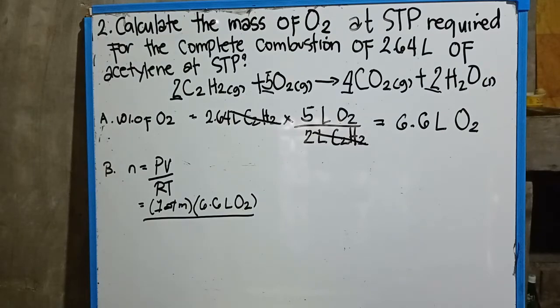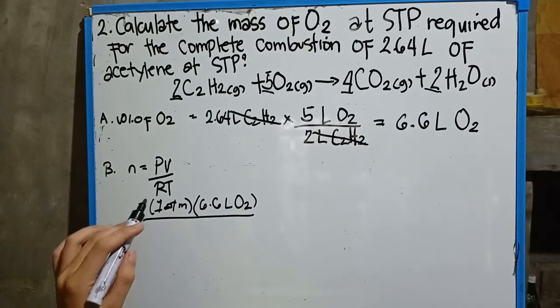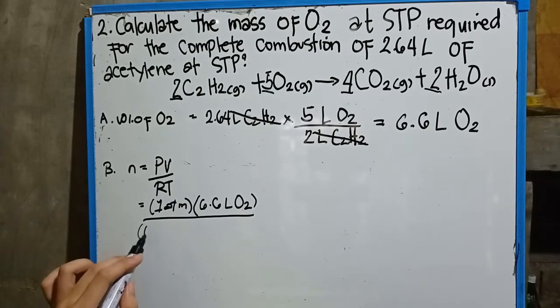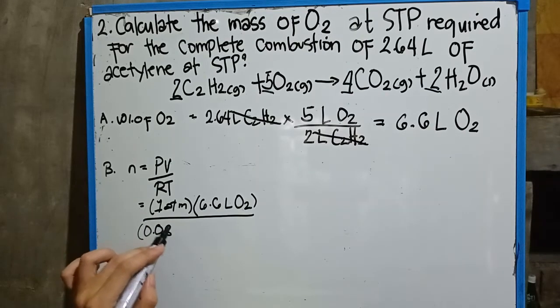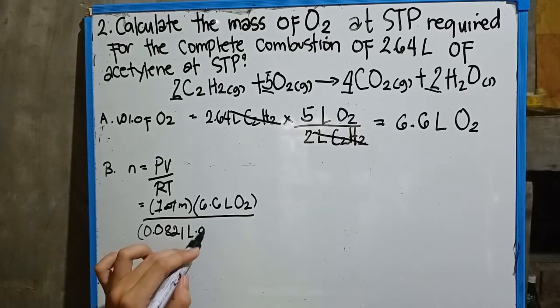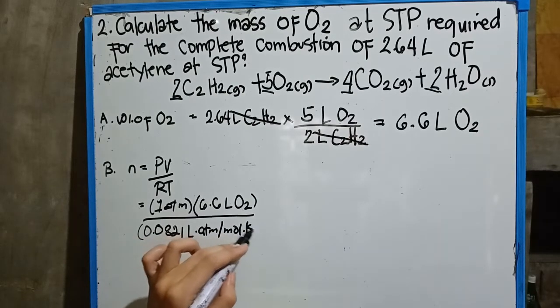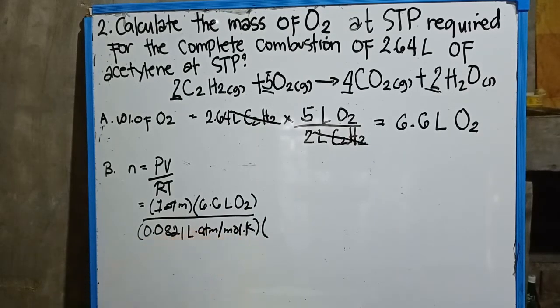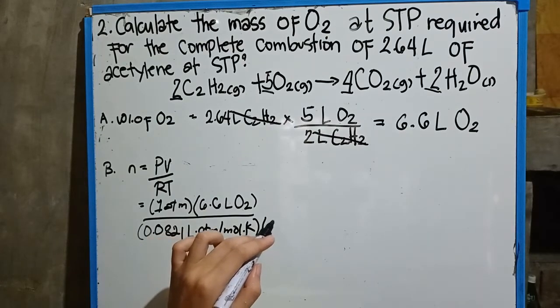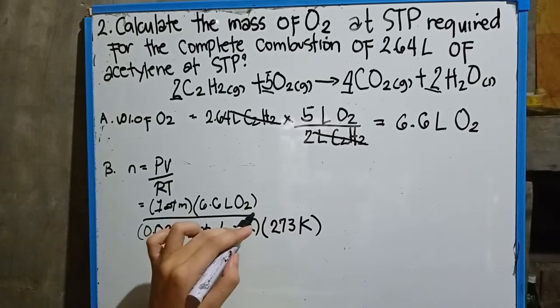So in gas stoichiometry, ang atong gamiton is ATM and Kelvin. So our R is 0.0821 liter ATM per mole Kelvin, multiply to our temperature, which is 273 Kelvin.